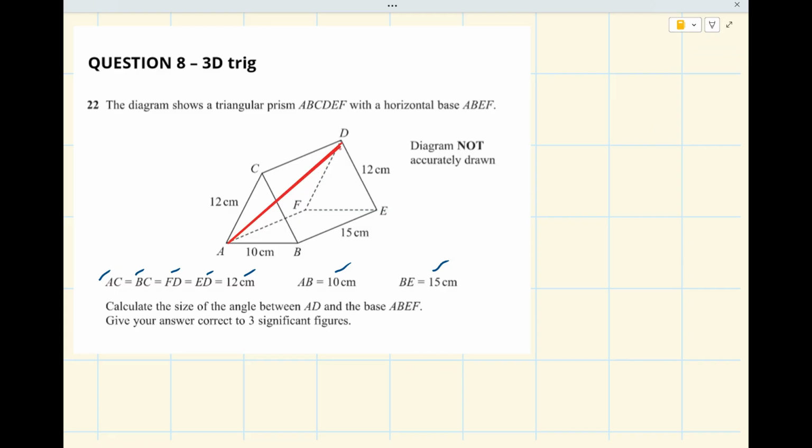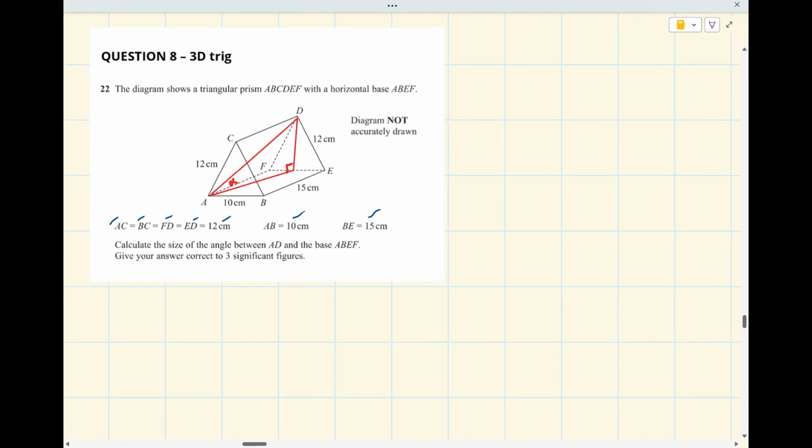It would come vertically below the point D. So the angle that we're being asked to find is an angle in that right angled triangle there, and it's the angle alpha.